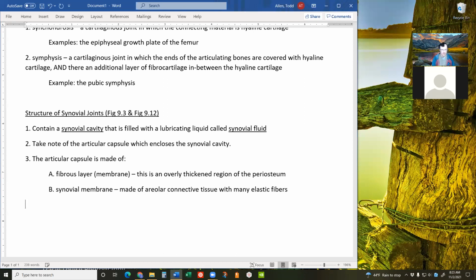All right, folks. So this is just some basic structural characteristics of a typical synovial joint.